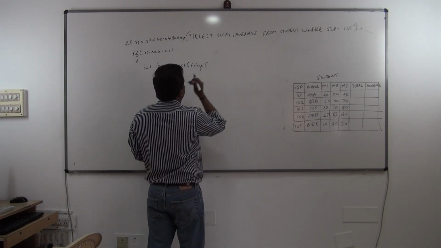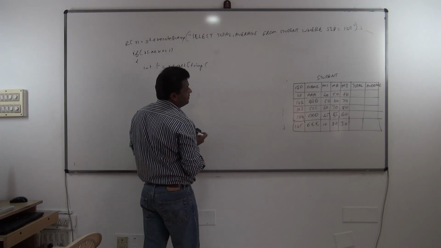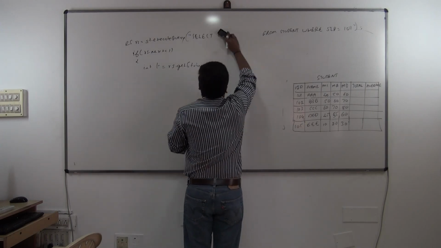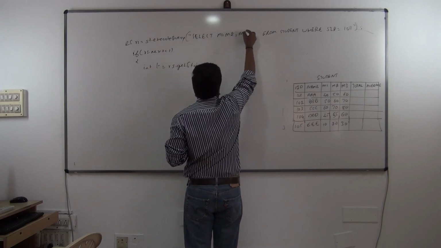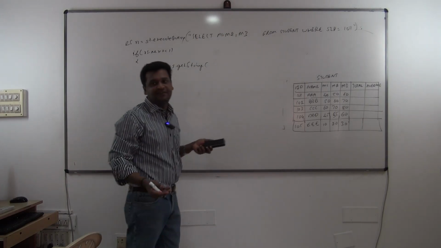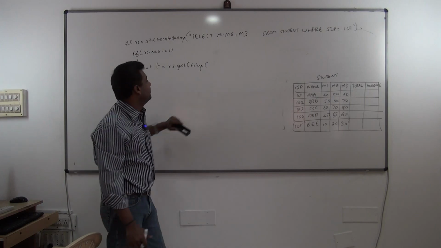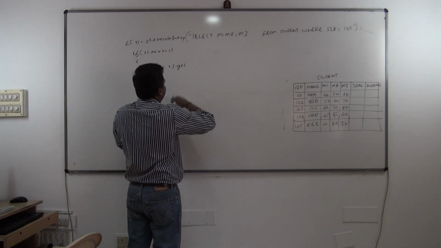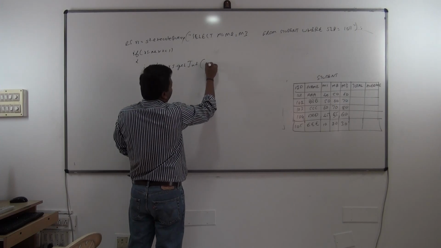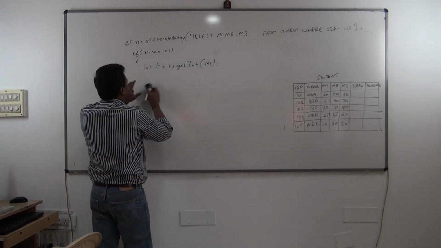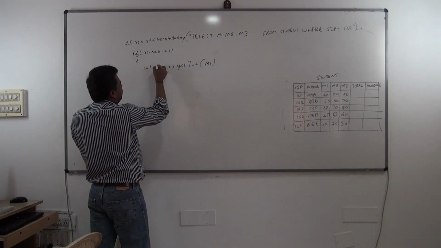Sorry, we should not select these columns. We should select M1, M2, M3, because the values are in those columns. So then rs.getInt of M1, get the marks1. This is the Java program now.